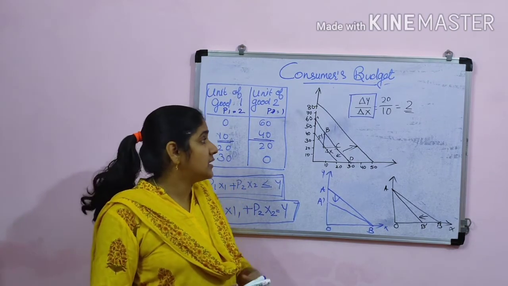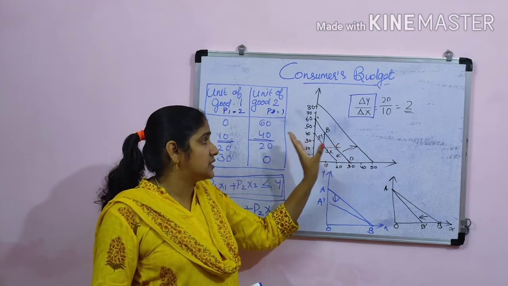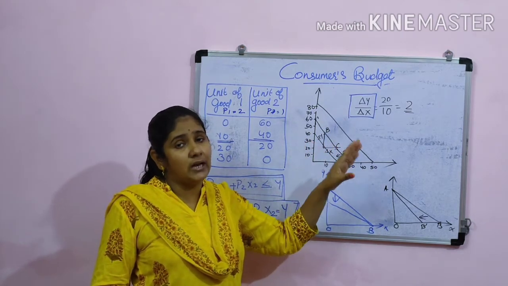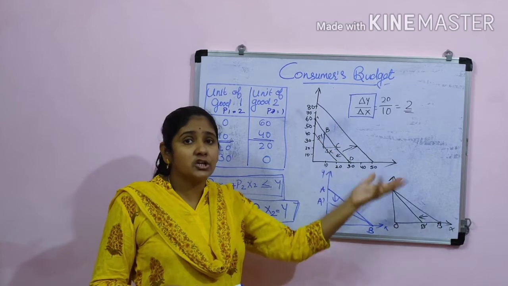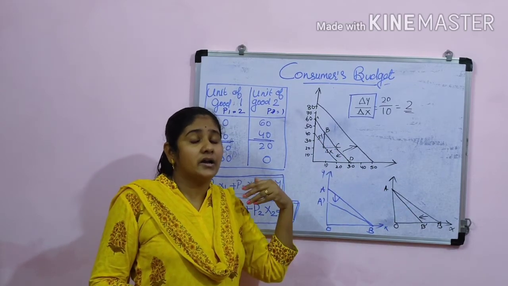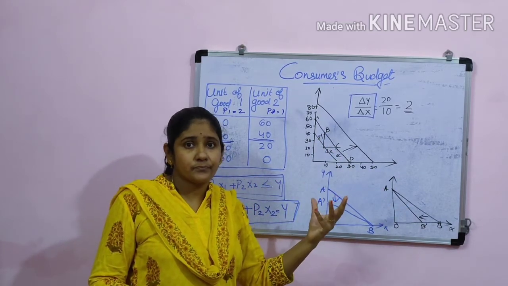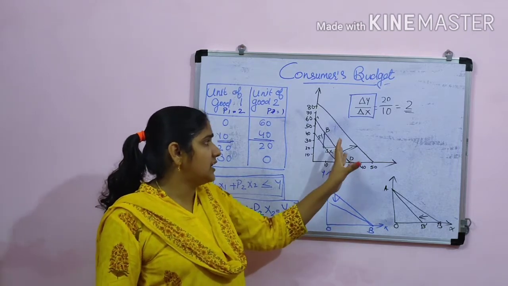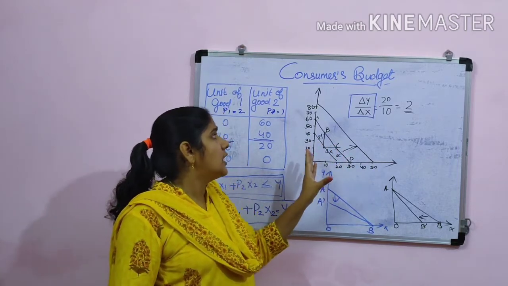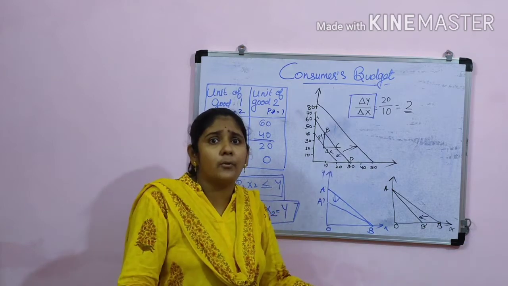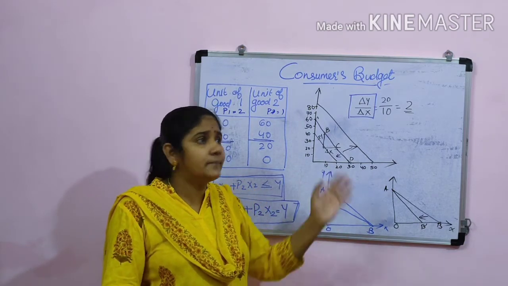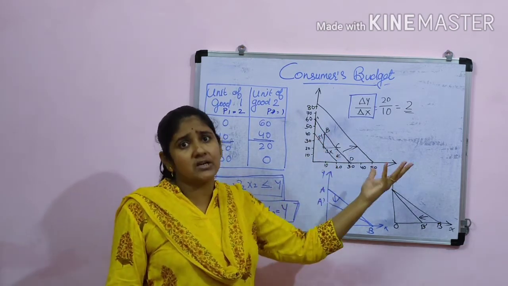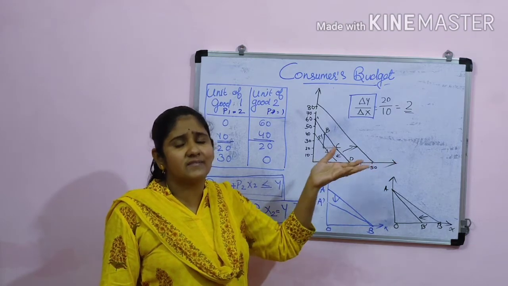Then here, I explained this shift with the help of an example of an increase or a decrease of the income. We can also say that if the price of both the commodities decreases, it may shift to the right side, but that is a very rare case.